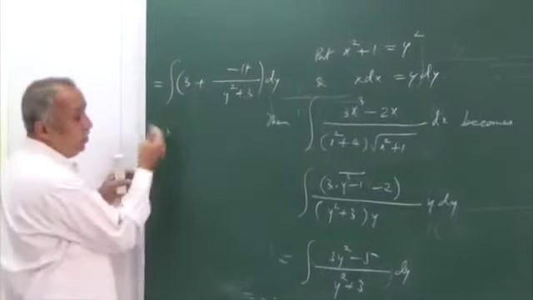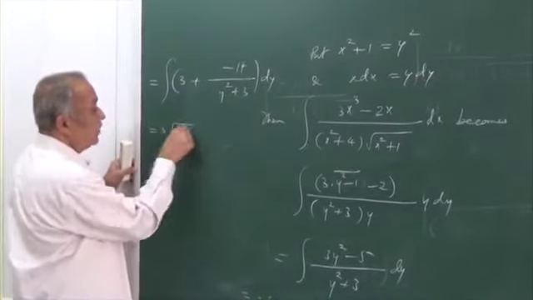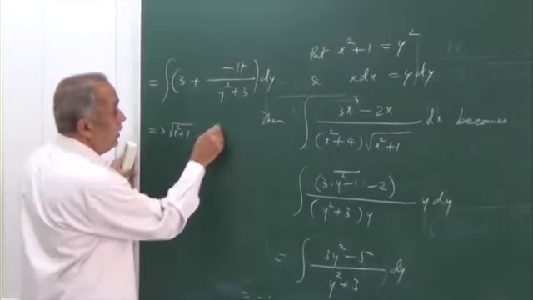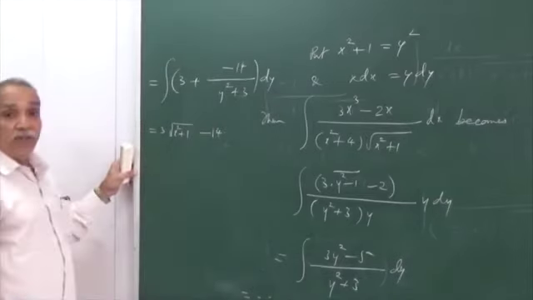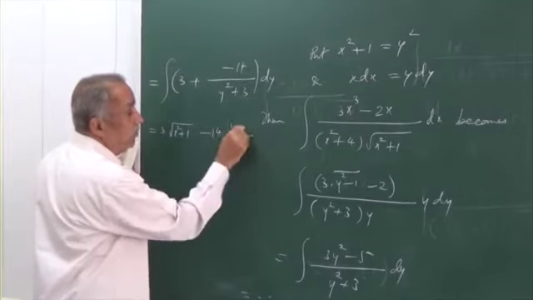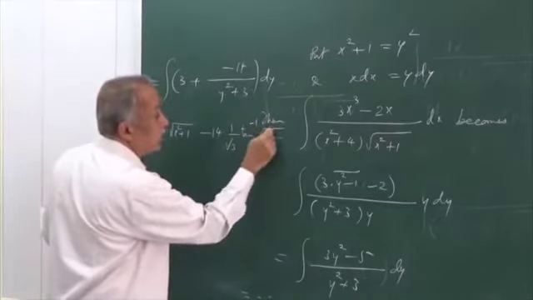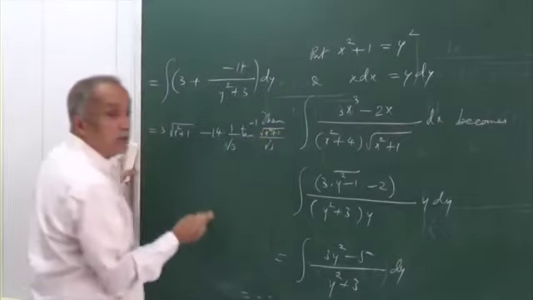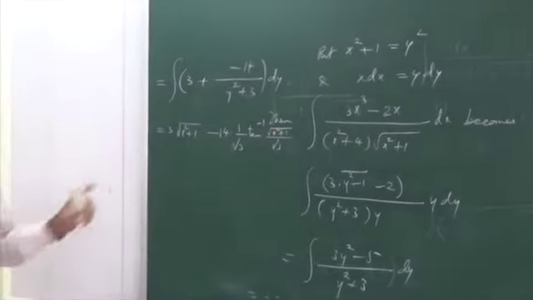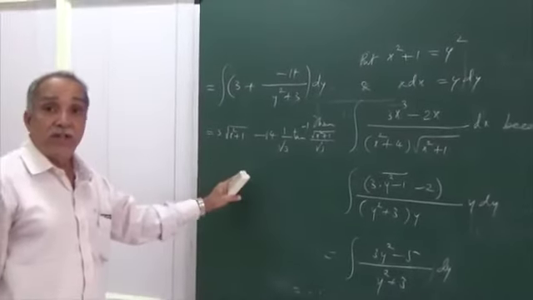The integral is 3 into y, which is root of x square plus 1, minus 14 into the integral of 1 by y square plus 3, which is 1 by root 3 into tan inverse of y by root 3, where y is root of x square plus 1 divided by root 3. The constant we will add at the end. This is only a part of the required integral. Let me keep it like this.